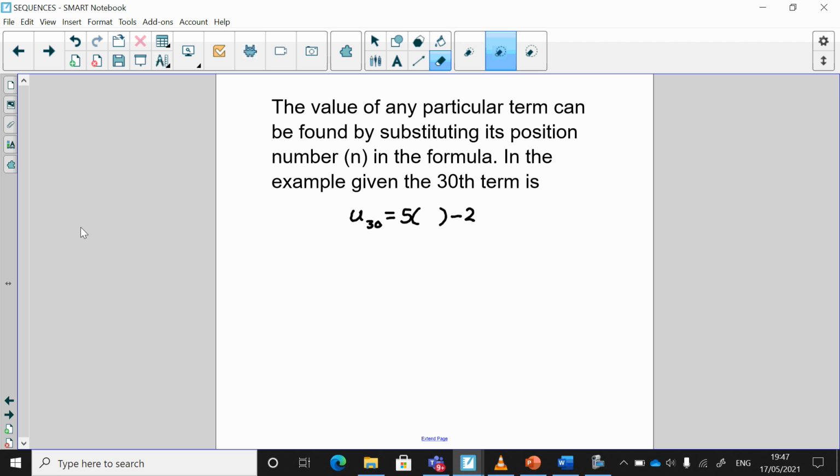That means the 30th term, and the formula was 5n minus 2. I've got rid of n because I'm putting 30 in there. So 5 times 30, 150, take away 2 is 148. So that is in position 30 in this sequence of numbers.